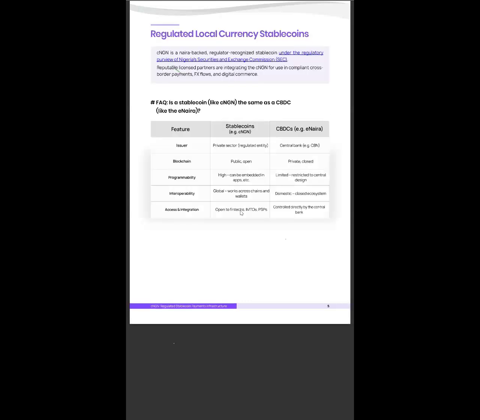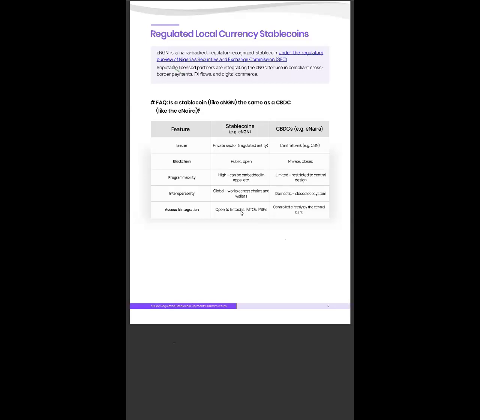And here we differentiated the difference between a CBDC and a stablecoin, right? So CBDCs are by central banks, stablecoins are by private issuers. CBDCs are on private closed blockchains, stablecoins are on public open blockchains. Stablecoins have high usability and programmability, and can be embedded in multiple apps.